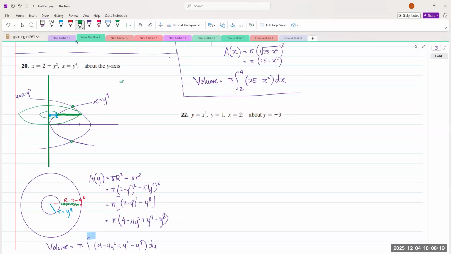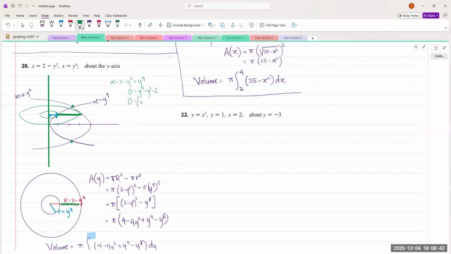Okay, so x equals to 2 minus y squared, which equals y to the fourth. So 0 equals y to the fourth plus y squared minus 2. Let me move this a little bit to the left. If you try to factor this, think of that as y squared.